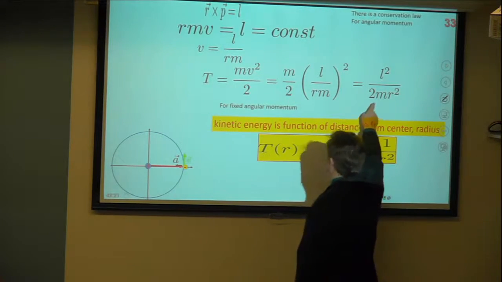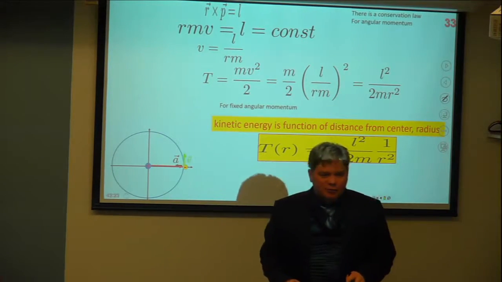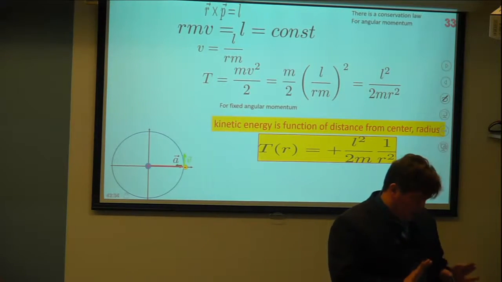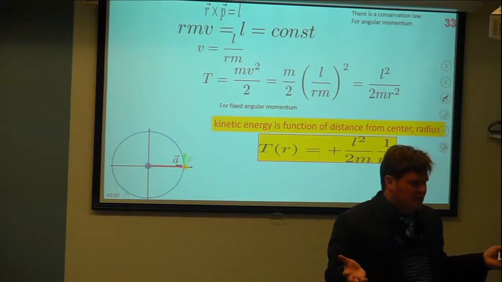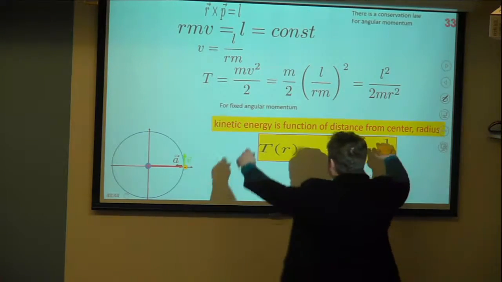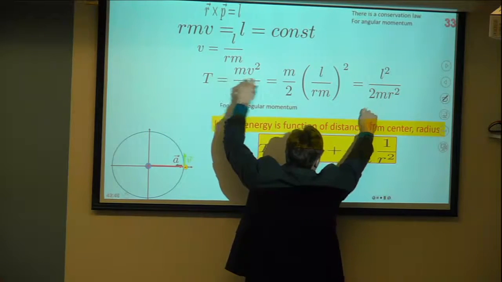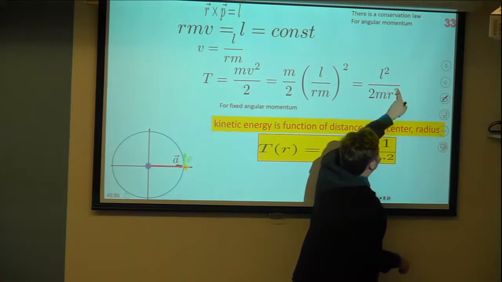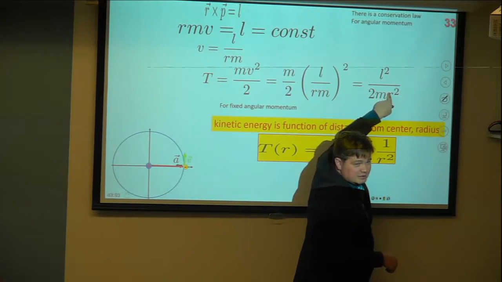Now, let's look at this very simple formula from a different angle. Let's consider that angular momentum is a constant because nothing changes it, because there is a conservation law for angular momentum. But what can be changed in this expression for kinetic energy? If this is constant, mass is constant, number 2 is constant, power 2 is constant, distance.